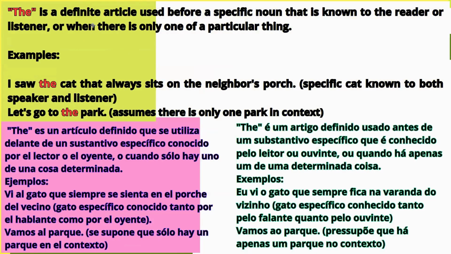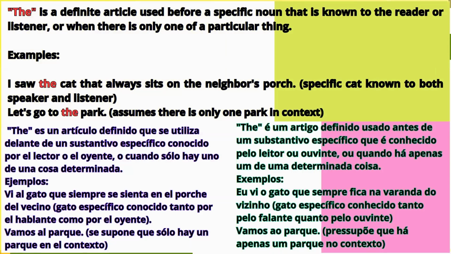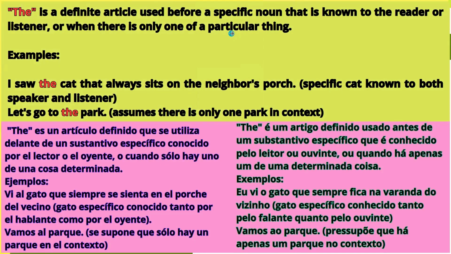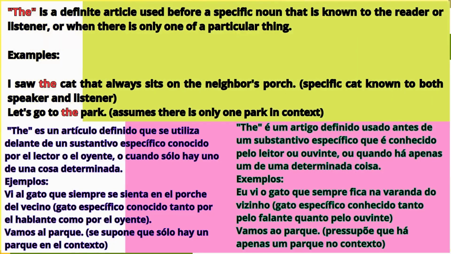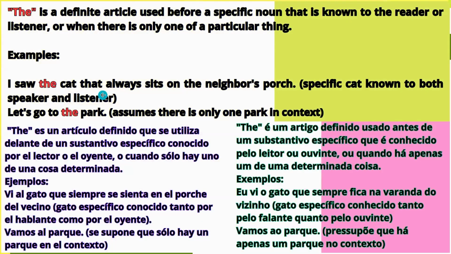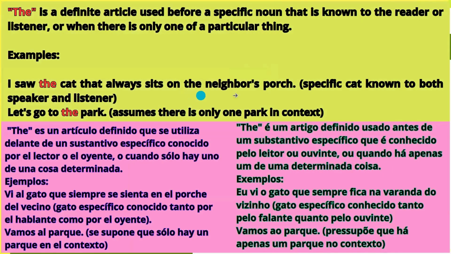The is a definite article used before a specific noun that is known to the reader or listener, or when there is only one of a particular thing. For example, I saw the cat that always sits on the neighbor's porch.